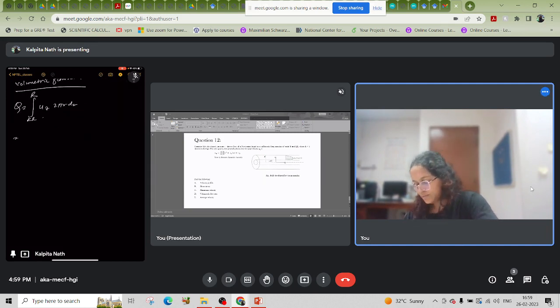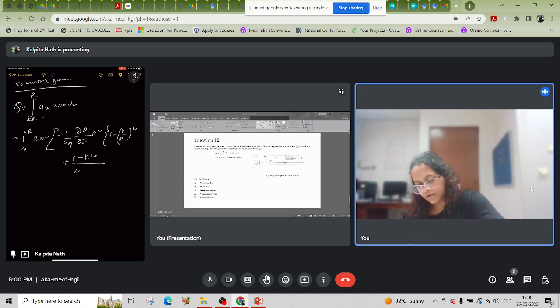You just need to put here the value of uz, that is 2 pi r, minus 1 by 4 eta del p del z r square 1 minus small r by capital R whole square plus 1 minus kappa square by ln 1 by kappa ln small r by capital R. This is dr.